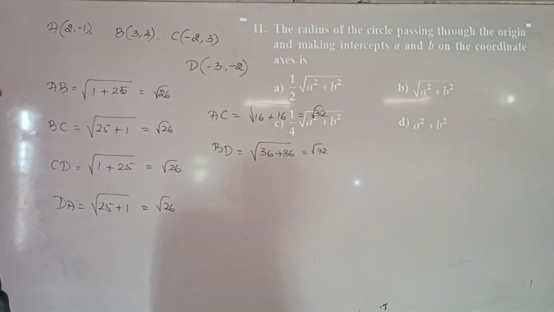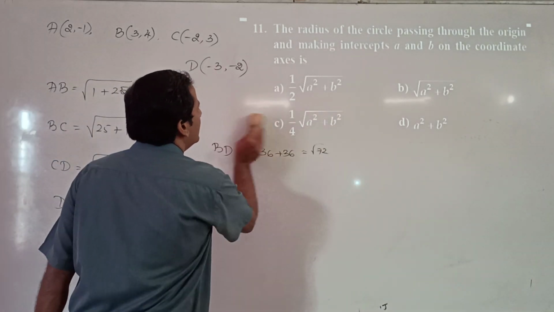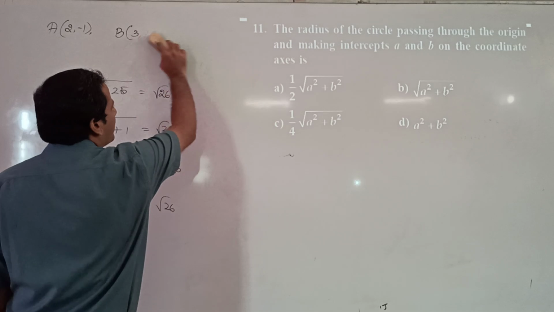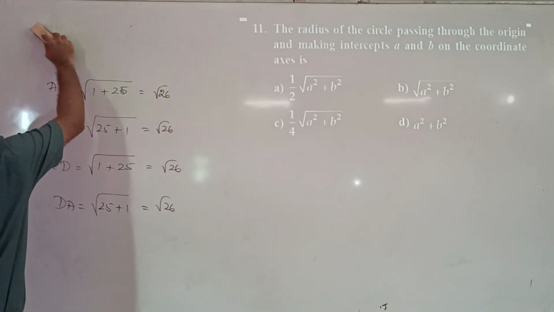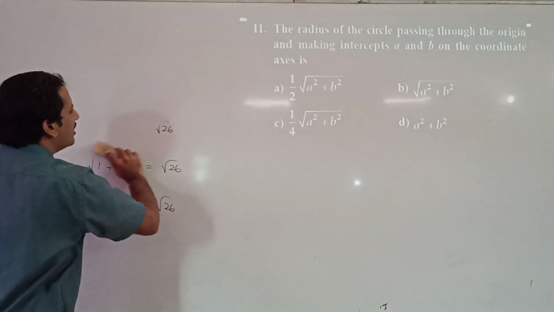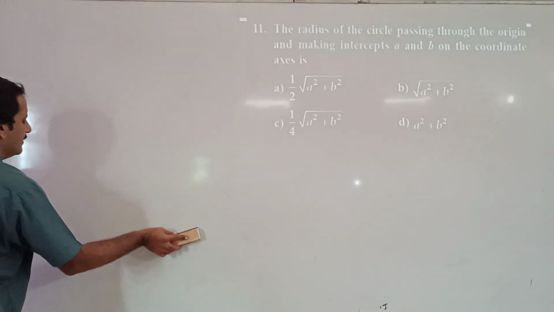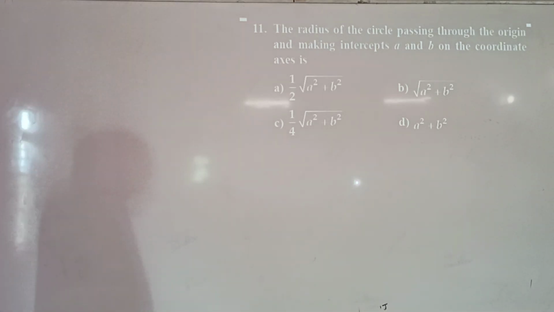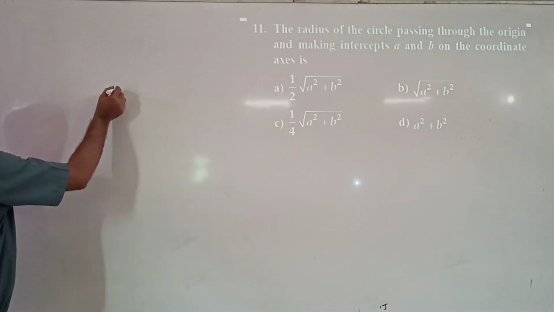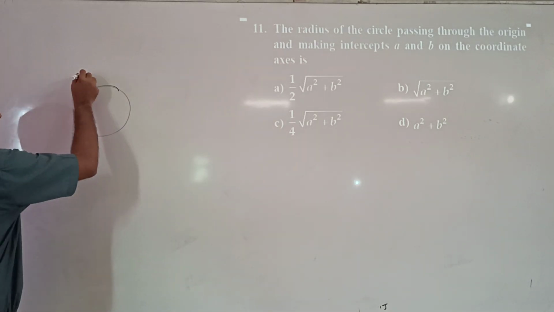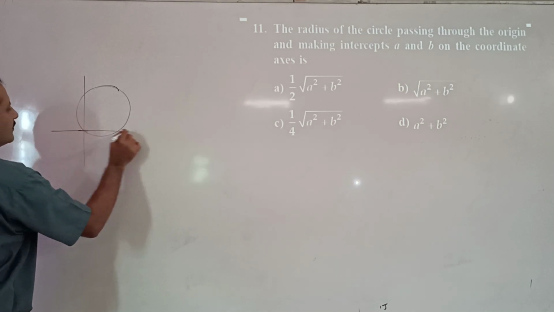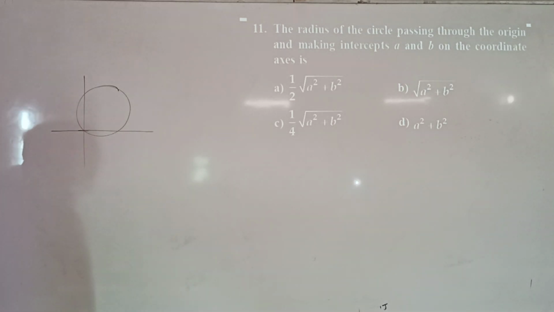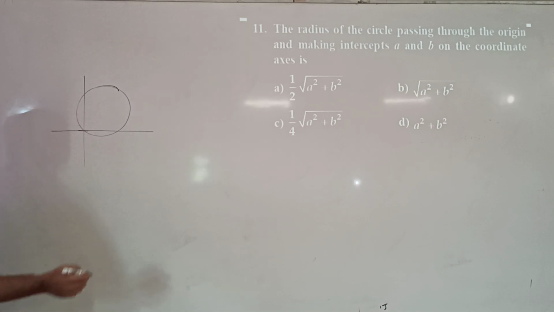Okay. Next, look at 11th question. The radius of the circle passing through the origin and making intercepts A and B on the coordinate axis. Yes. So we want to find the radius of a circle. That circle passes through the origin and makes an intercept of A and B on the coordinate axis.